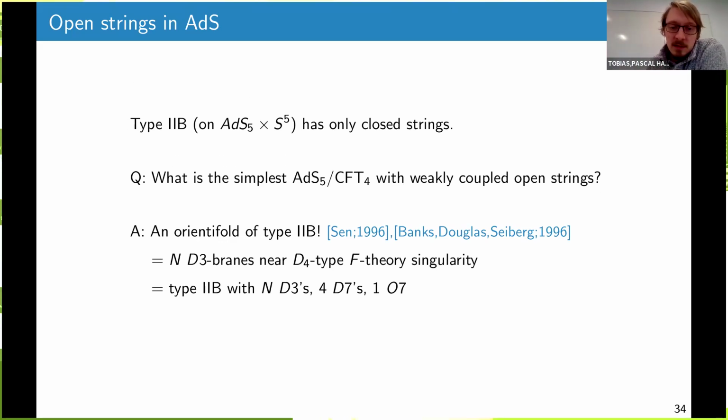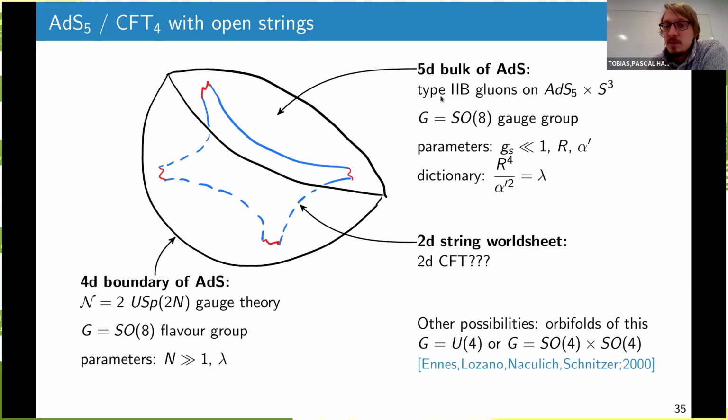In some more detail, this theory would be type 2B gluons on AdS5 cross S3, where the gauge group in AdS, we call it G, in this case would be SO8, with the same parameters as before.